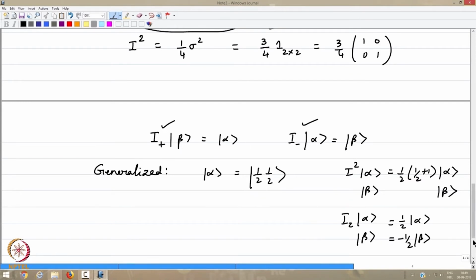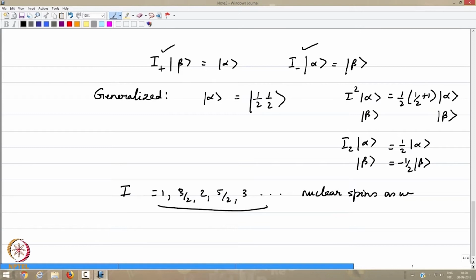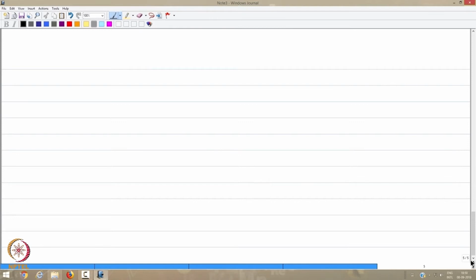Now, the general relations are for I equal to 1, 3 by 2, 2, 5 by 2, 3, and so on. These are all important in the coupling between the angular momenta as well as nuclear spins when we study, at some point later, nuclear magnetic resonance. But the properties of the angular momentum are all the same, and they are generalized by the following relations.